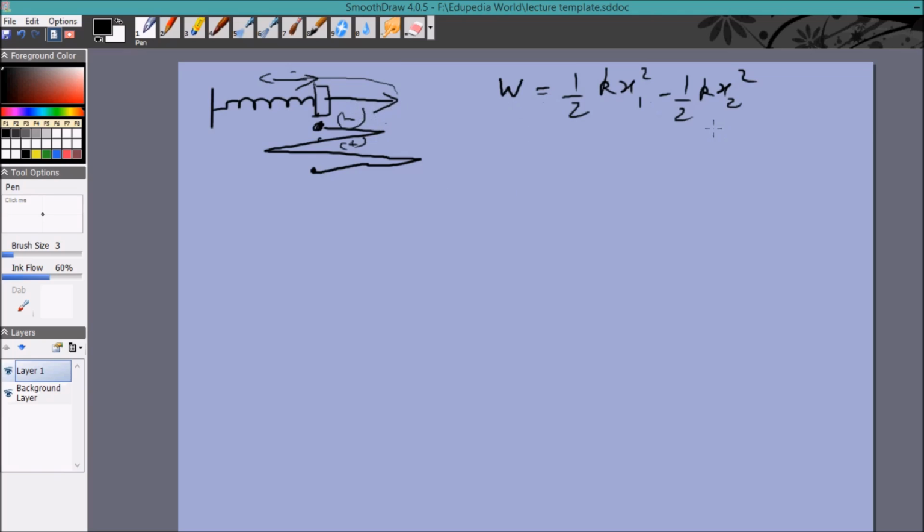So this is the work done. Now, an important thing to note is when we write work done is equal to this, in that case we are choosing this object as our system, and we are saying the work done on this object by the force of the spring. But if we want to calculate the potential energy of the spring, we need to take this combined thing as a system. That is this object plus this spring plus this wall it is attached to.